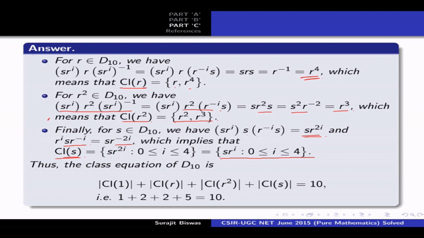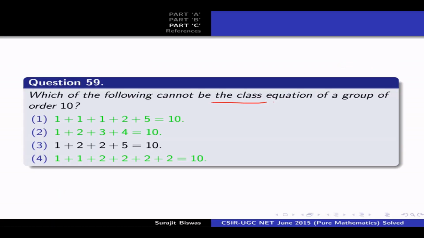Therefore the class equation of D10 is the cardinalities of the conjugacy class of 1, the conjugacy class of r, the conjugacy class of r squared, and the conjugacy class of s. The total is 10, that is 1 plus 2 plus 2 plus 5 equal to 10. So the class equation is option 3.